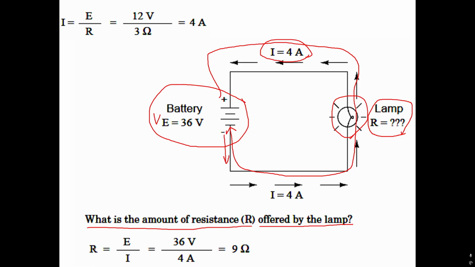R equal to V divided by I ohm. V is 36 volt, I is 4 ampere. So the resistance R equal to 9 ohm.